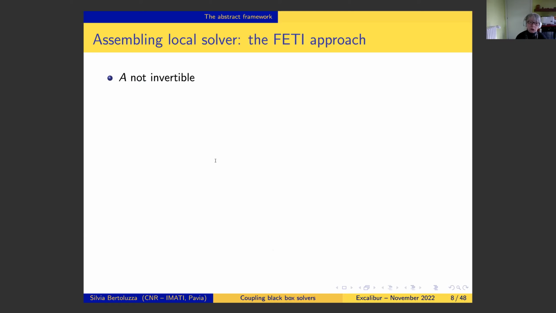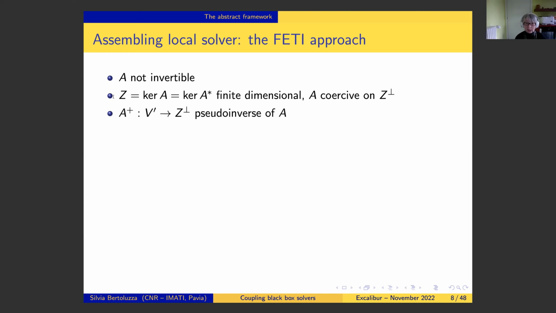So we would like to consider A not invertible, but we assume that the kernel of A, which is equal by assumption to the kernel of its adjoint, is finite dimensional, and that A is coercive on its orthogonal complement.